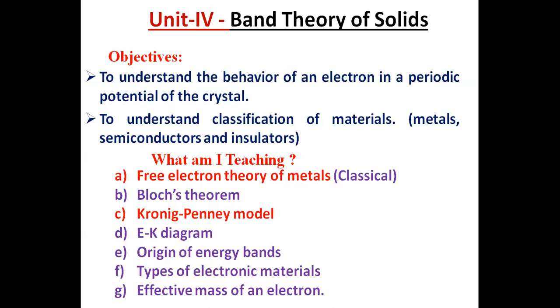That means the Kronig-Penney model explains the origin behind energy band gaps in solids, followed by concepts such as E-K diagram, origin of energy bands, types of electronic materials, and finally we'll be seeing the effective mass of electron. So these are the basic ideas of what we are going to see in the next 6 to 7 classes.